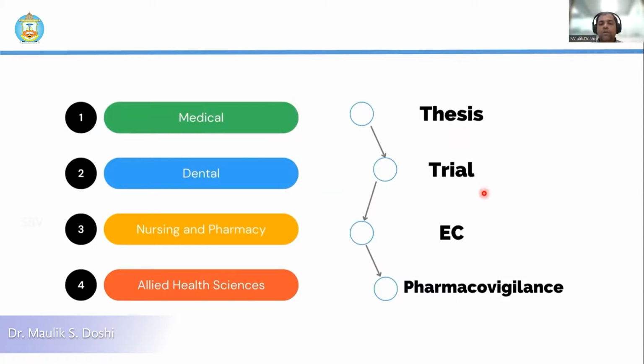You may encounter it as an investigator participating in a clinical trial, whether an academic clinical trial or a sponsored clinical trial, or as a coordinator of a trial, or as part of an ethics committee, which is very important in a clinical trial, or while doing pharmacovigilance work under the aegis of ICMR or the IPC. So this is my audience today, and you will come to know how to proceed whenever you encounter an SAE anywhere in this domain.